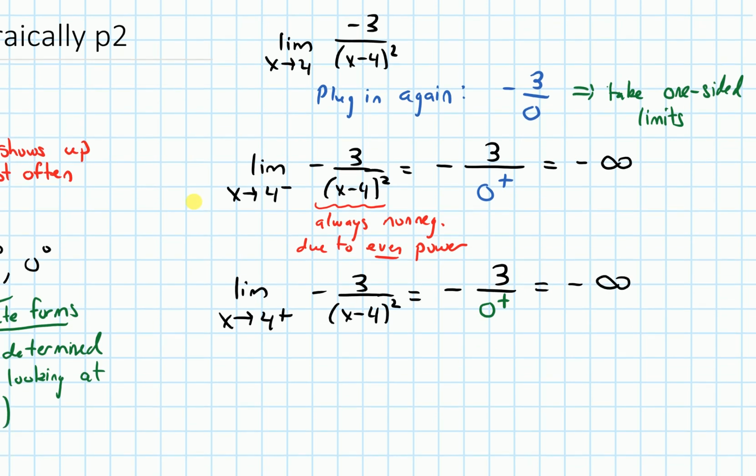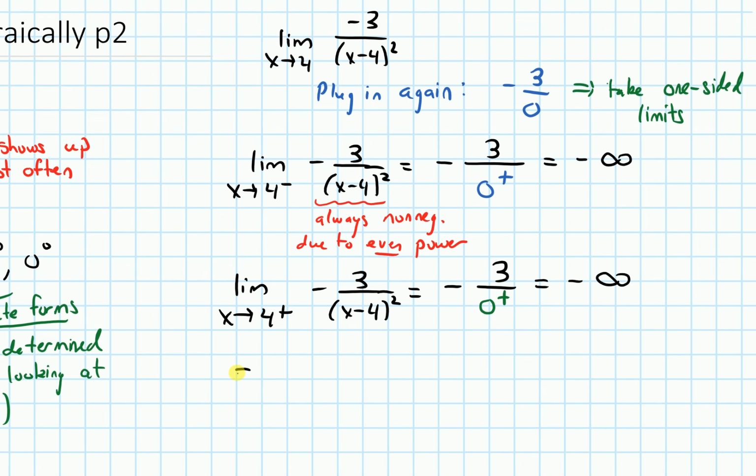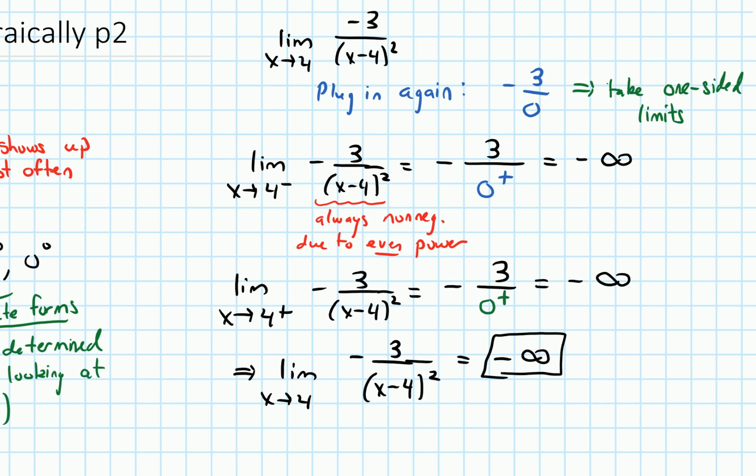So those two one-sided limits are the same. Therefore, we get to say that the limit as x approaches 4 of negative 3 over x minus 4 squared is negative infinity. And if you're saying, wait, isn't that DNE?